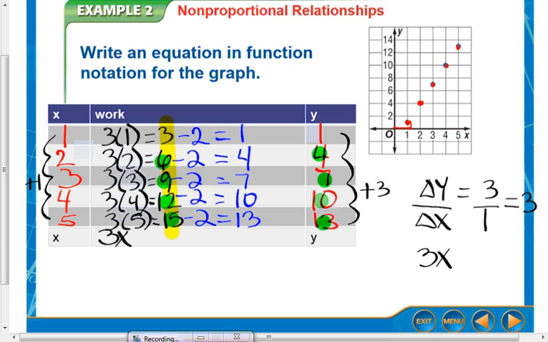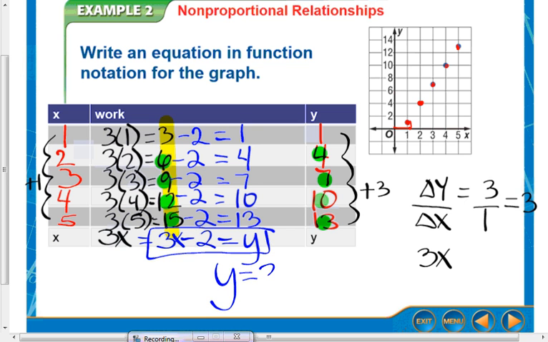Absolutely. So I'm going to take my 3x, because that's what that was, right? And I'm going to subtract 2. And that equals y. Ladies and gentlemen, my equation is this. Y is equal to 3x minus 2. You just wrote an equation. Congratulations.